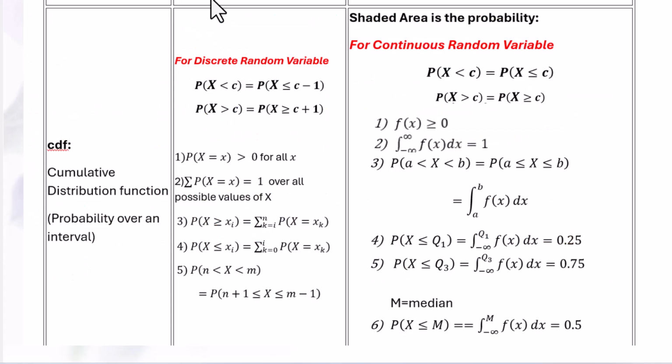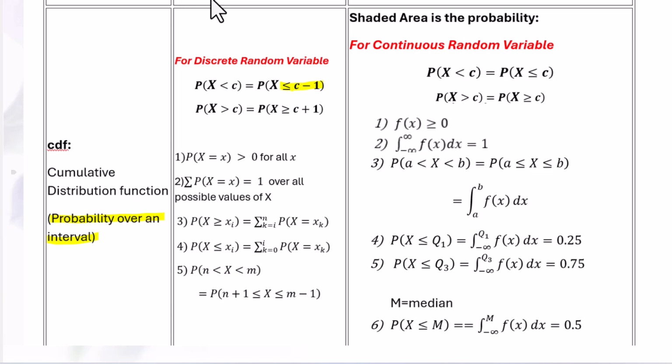CDF means cumulative distribution function. It's the probability over an interval. For discrete random variables, the probability of x less than c equals the probability of x less than or equal to c minus 1.